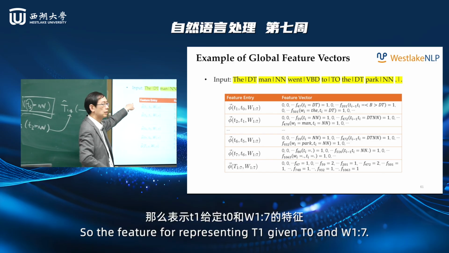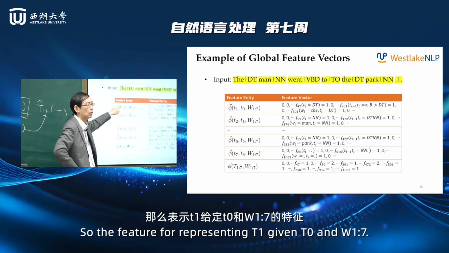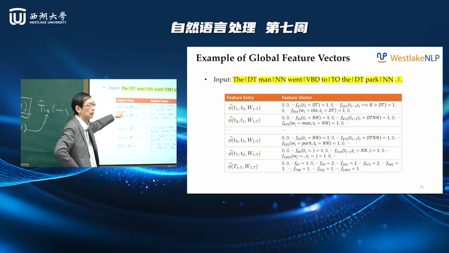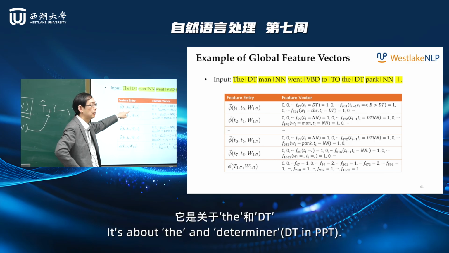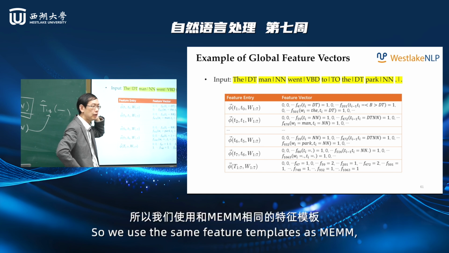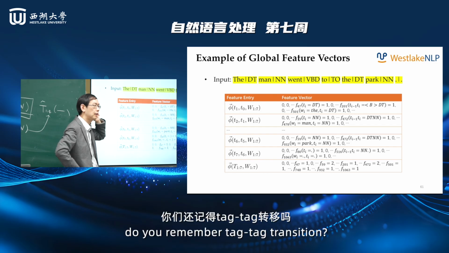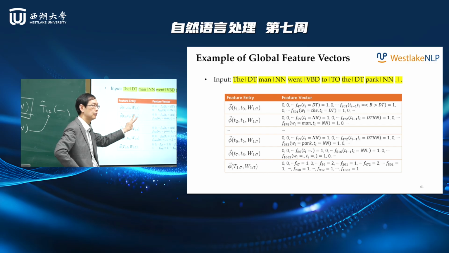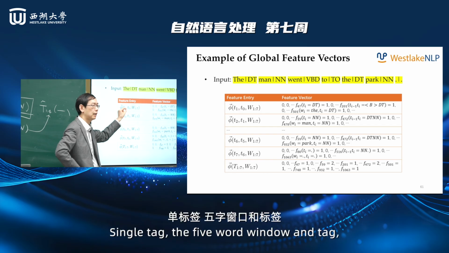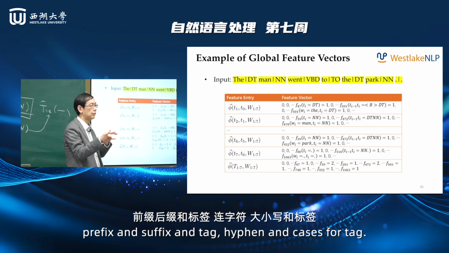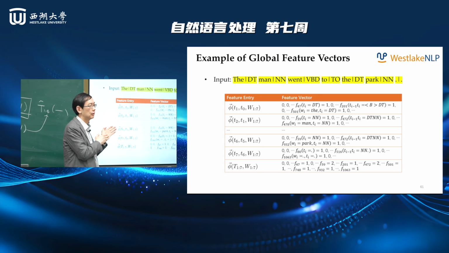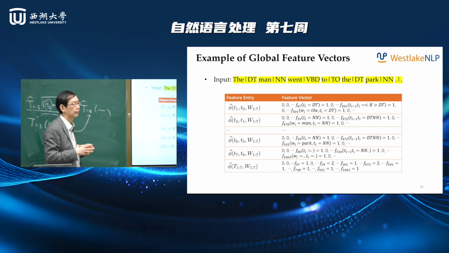The feature for representing T1 given T0 and W1 to 7 is about "the" and the determiner, right? So we use the same feature templates as MEMM. Do you remember? Tag-tag transition, single tag, the 5-word window and tag, prefix and suffix and tag, hyphen and case for tag. Okay, I got a long vector here.